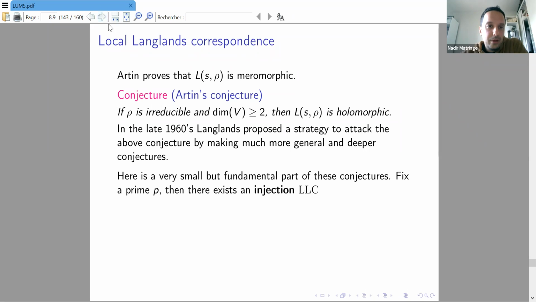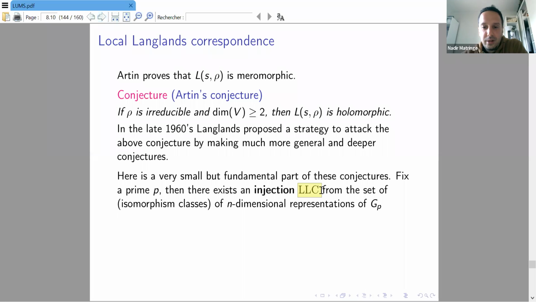And the Langlands conjecture for GLN states that there should be an injection called LLC, local Langlands correspondence, from the set of n-dimensional representations of my local Galois group GP. Remember, GP is inside G, is the absolute Galois group of QP.